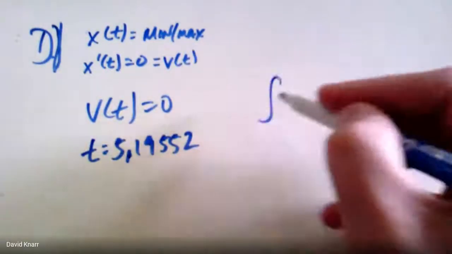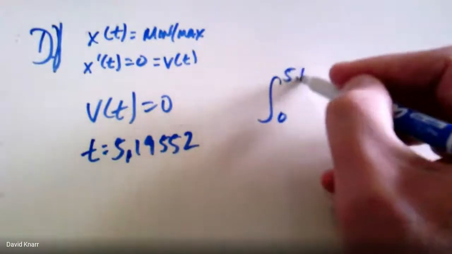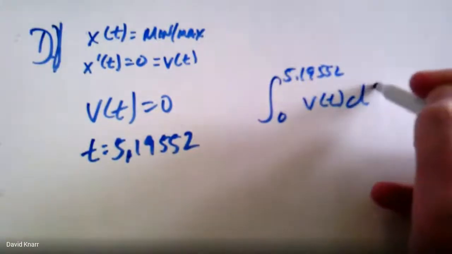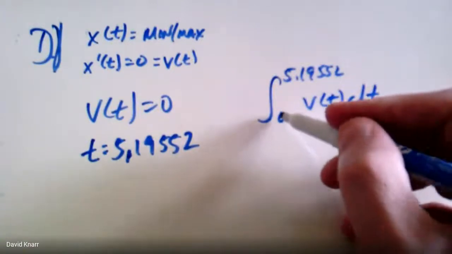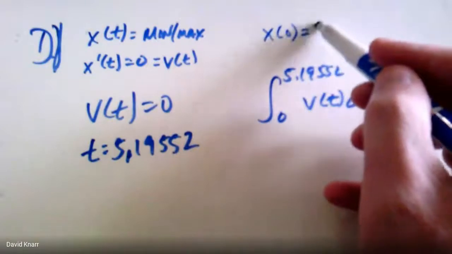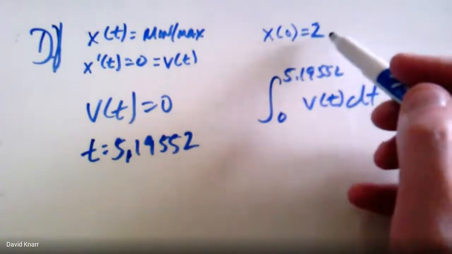I'm going to integrate from 0 to 5.19552 of v of t dt. Now, where did I get the 0 from? The only other thing I'm told in this problem is that the initial position is 2. So x of 0 is equal to 2.